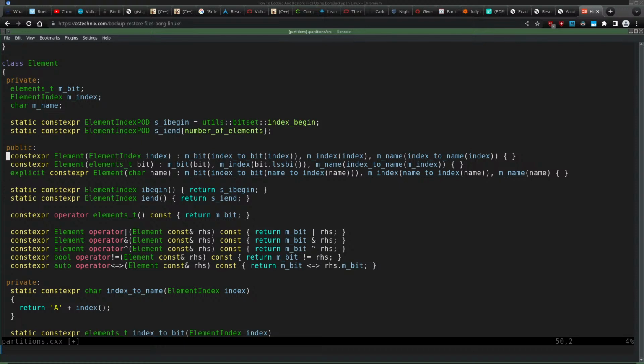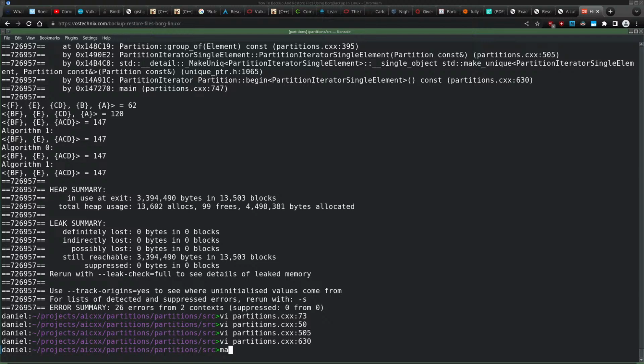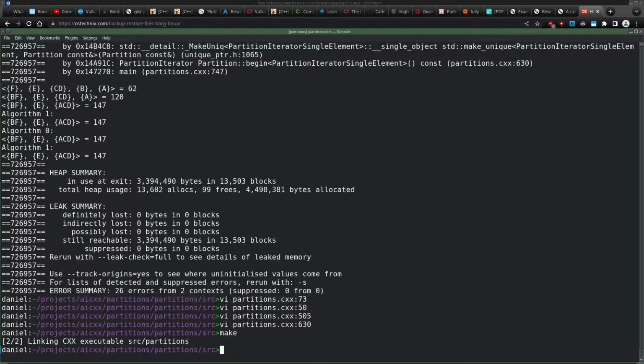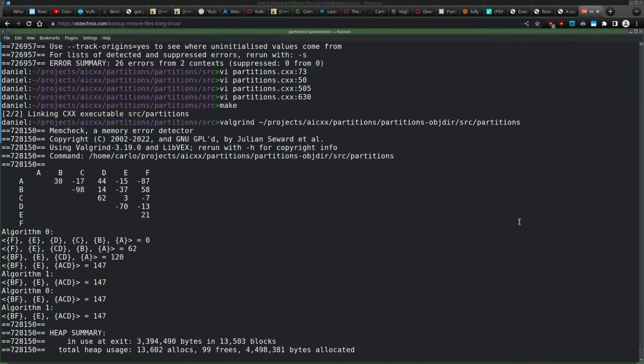But I can convert without that there having an explicit. An element index can be converted to an element with this constructor here. So the compiler should take care of that. Let's try to compile this one. I'm gonna write Valgrind, no errors.